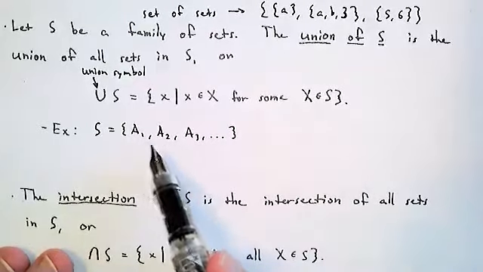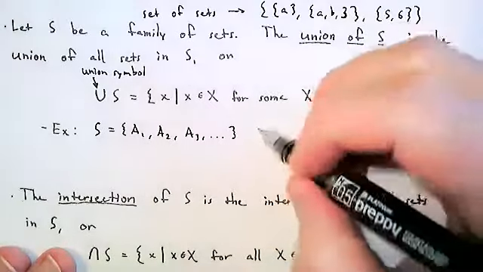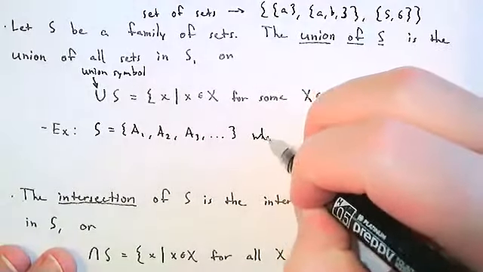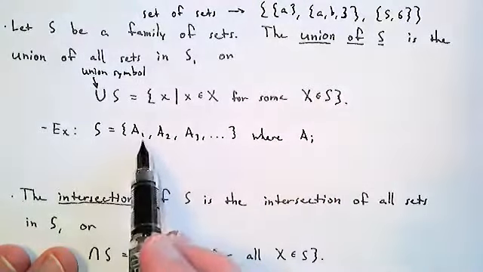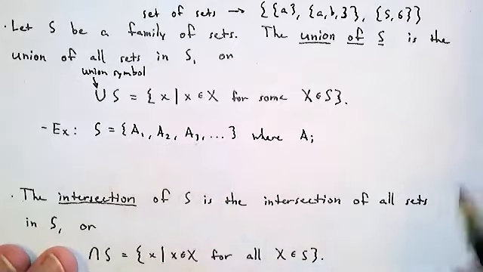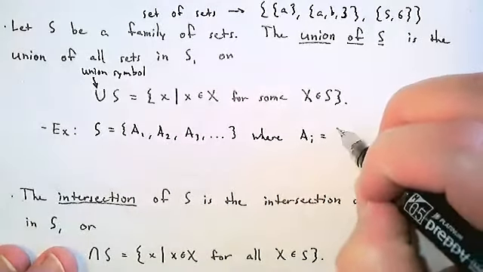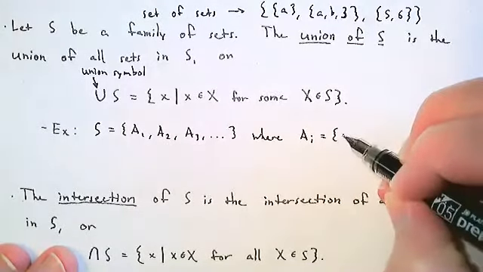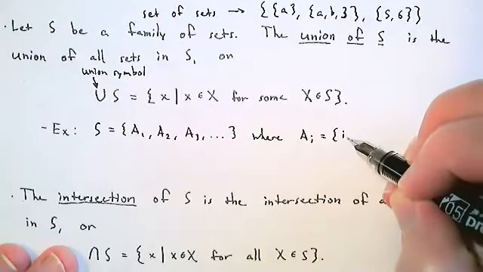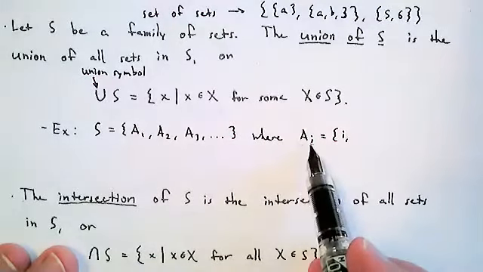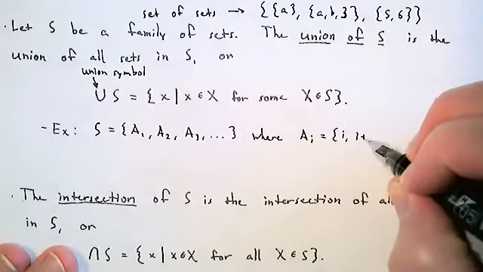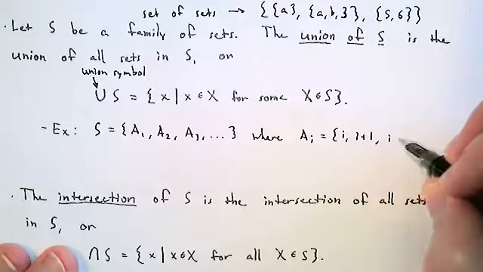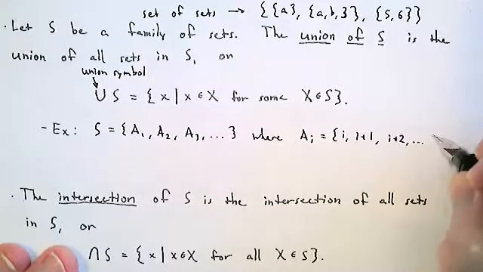And each of these capital A's stands for another set. Let me tell you what they are. So A_i, where i is the little number you find next to it, is the set of positive integers starting at i. So capital A_i is i plus 1, i plus 2, and so on.